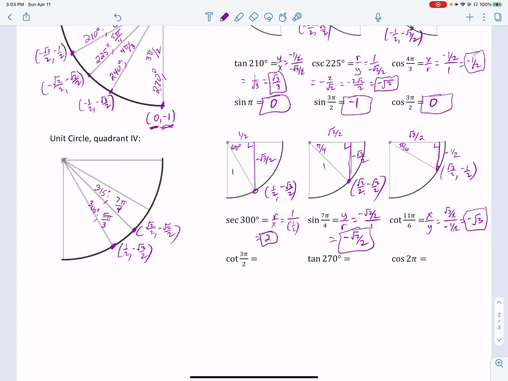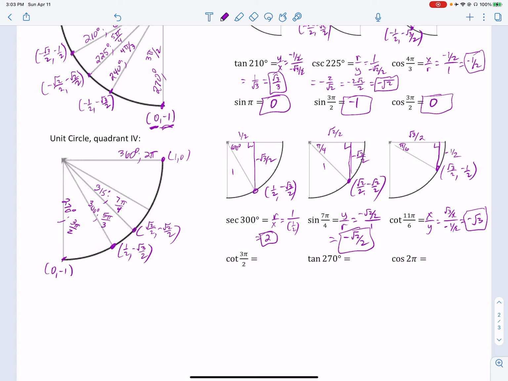And then we have our quadrantal angles. Again, you have your 270 degrees, which is 3 sets of pi half. And that ordered pair is 0, negative 1. Or we're down a full rotation of 360 degrees, or 2 pi radians, which is the same as 0 degrees and 0 radians. And that's to the right 1, 0.